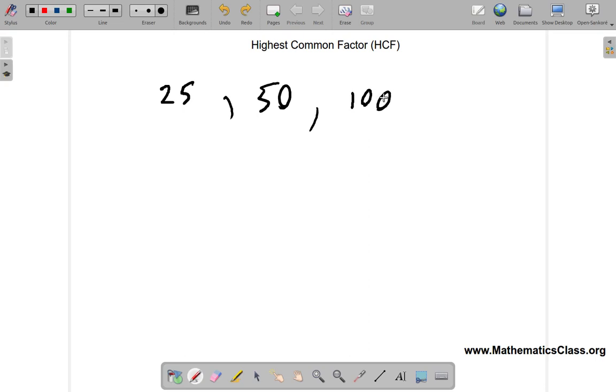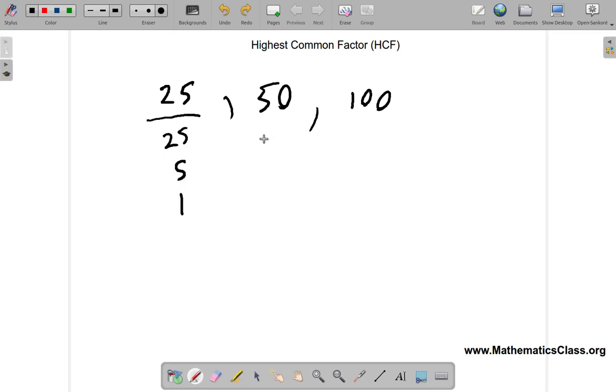What's the highest common factor of these? All right. It's easiest if we start looking at the factors of the smallest number here. We have 25 itself. Then what else can go into this? What's the next biggest number that can go into 25 without leaving a remainder? We have 5, 1.